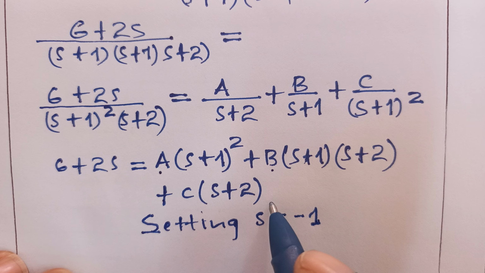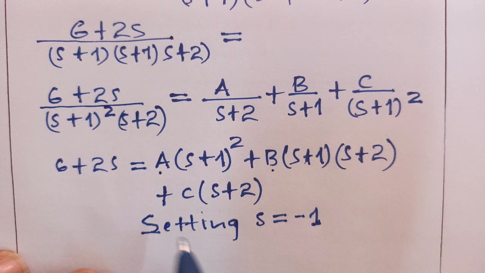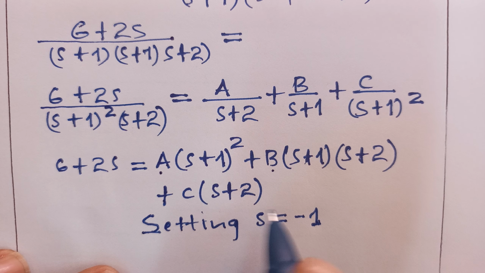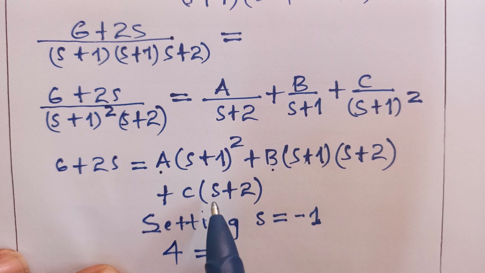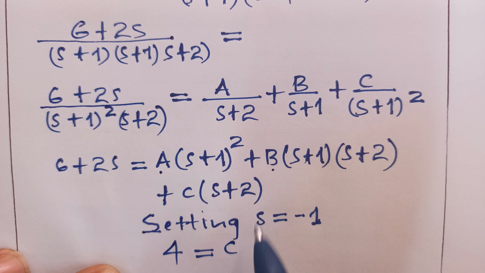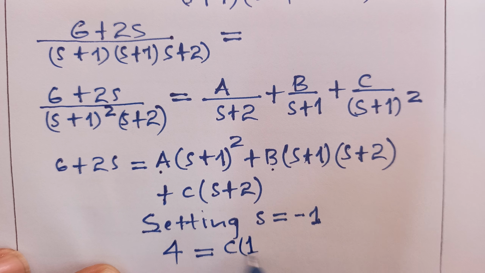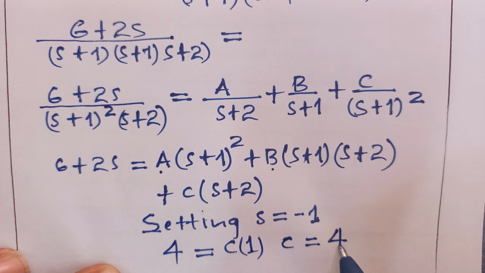We are left with only this and this. Putting -1 here, this is 6 minus 2, which gives us 4, equals, putting -1 here, this will be C times 1. Therefore, C will be equal to 4.